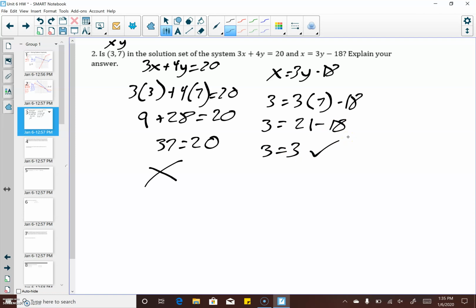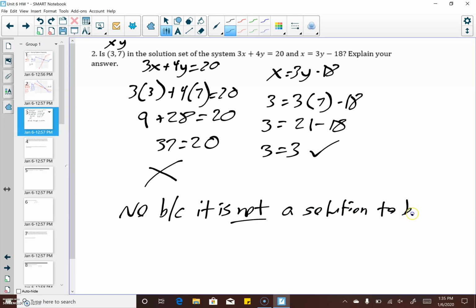So it works for one, but not the other. So therefore, no, because it is not a solution to both equations. Remember, in order for it to be a solution to a system, it must be true for both of them.